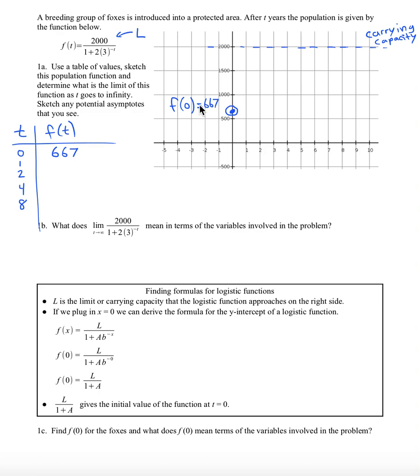667. All right, let's try to plug in a 1 now. After 1 year, we've got 1,200 foxes. After 2 years, we've got 1,636.